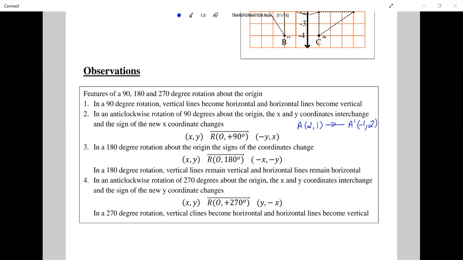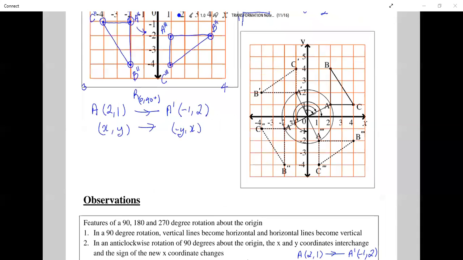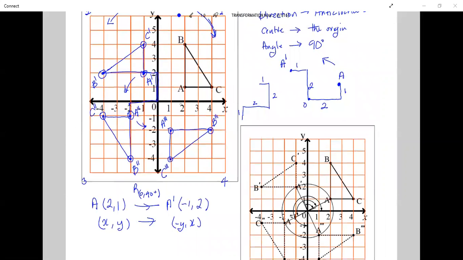Now, in a 180 degree rotation about the origin, the signs of the coordinates change. That's all that happens. You can look here, the point A, 180 degrees is from here to here.